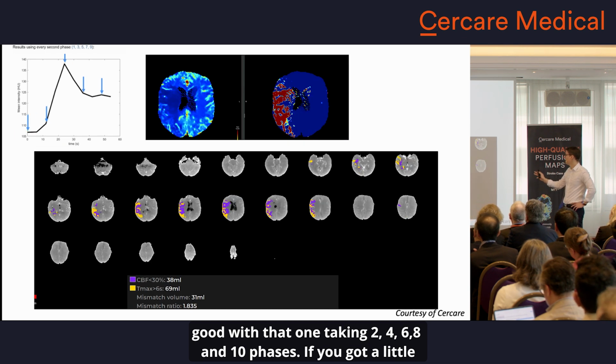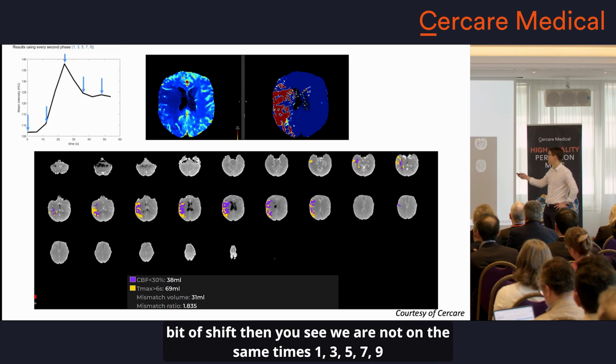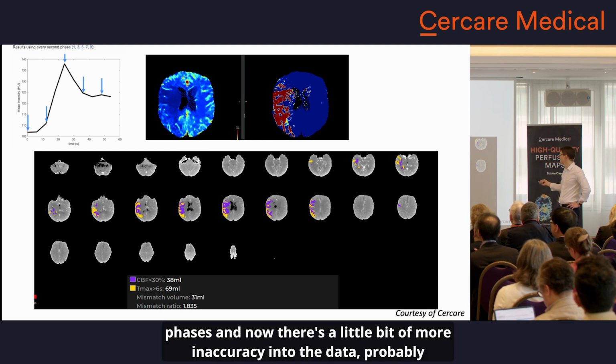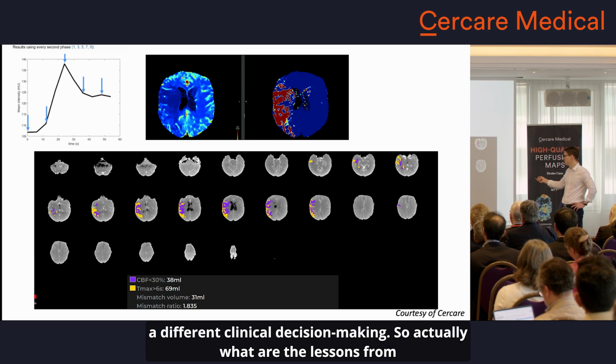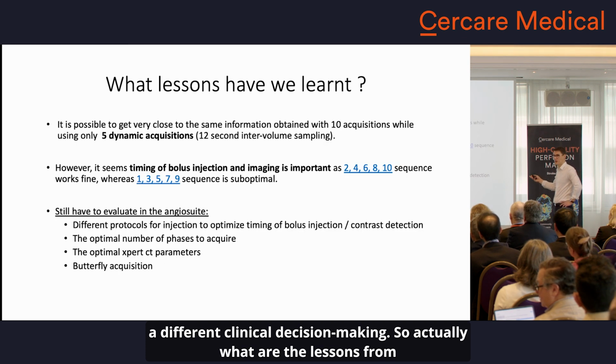If you got a little bit of shift, then you see we are not at the same times, 1, 3, 5, 7, 9 phases. And now there's a little bit more inaccuracy in the data, and probably a different clinical decision making. So actually, what are the lessons from this?